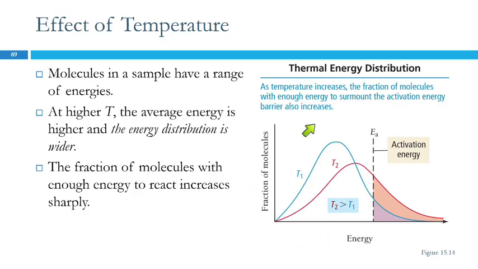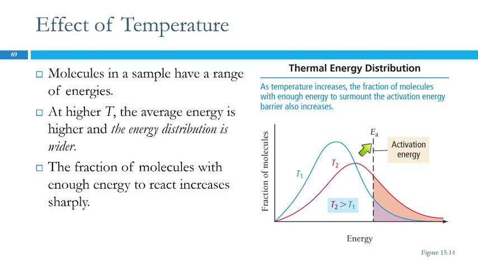At a low temperature, you'll see sort of a Gaussian curve here, and the average would be in here somewhere. Some of them have really high energies, some of them have really low energies, but the average is in here. When we increase the temperature, the average moves up, but the curve also spreads out.